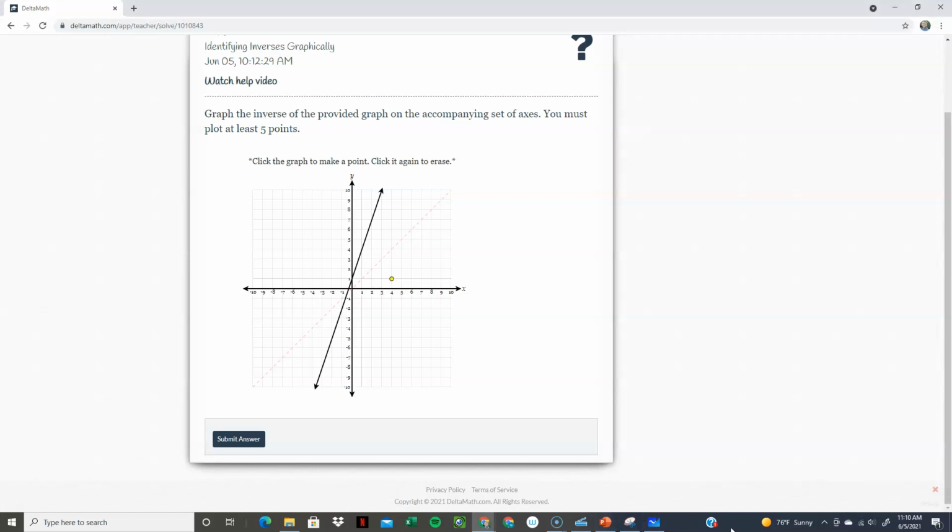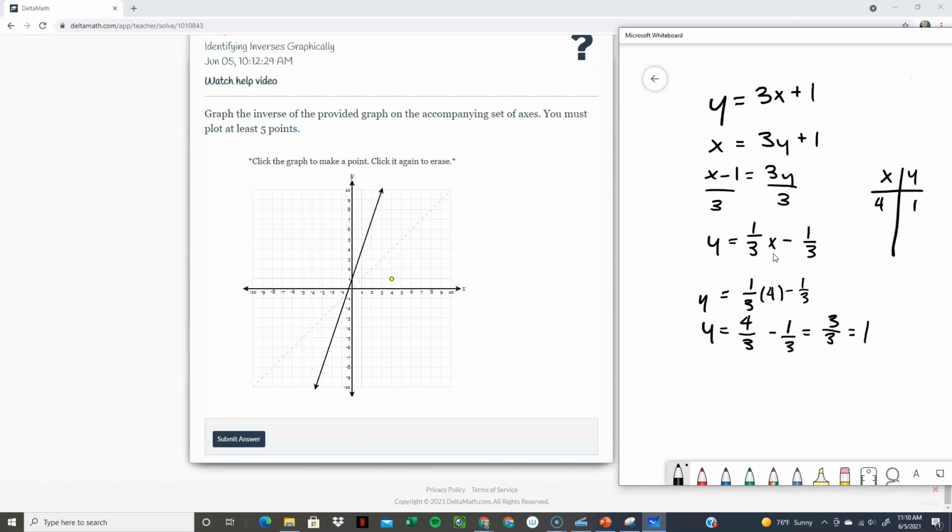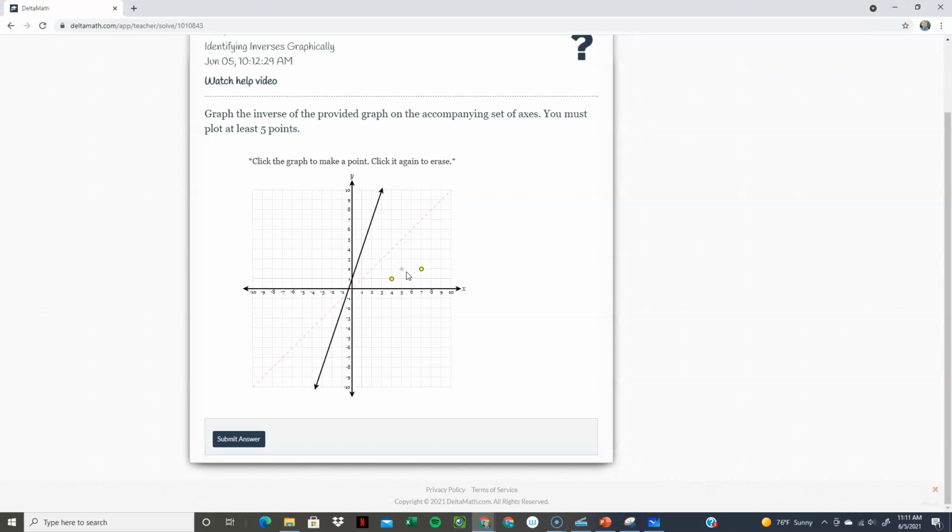And then from there, we can just keep plotting points using this 1, 3 slope. So do that. Rise 1, run 1, 2, 3. And then we keep going. Then down 1, left 1, 2, 3. Down 1, left 1, 2, 3. So it should look like that.